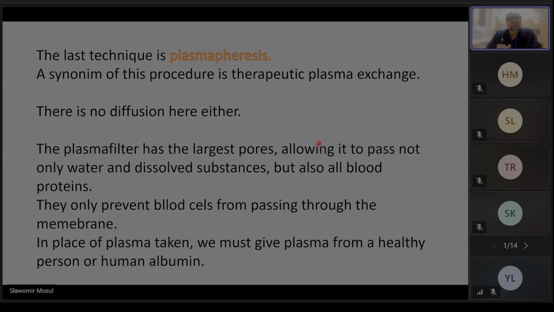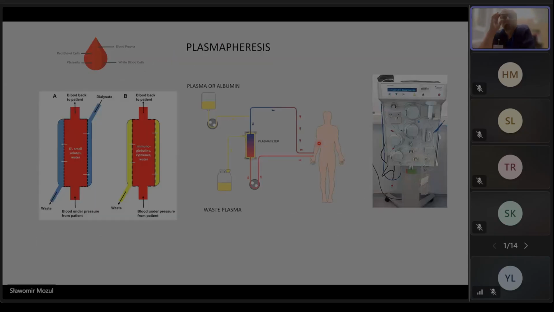They only prevent blood cells from passing through the membrane. In place of plasma taken, we must give plasma from a healthy person or human albumin.